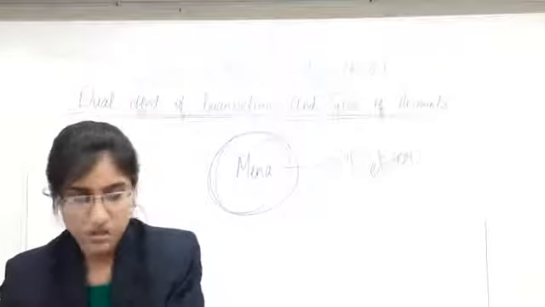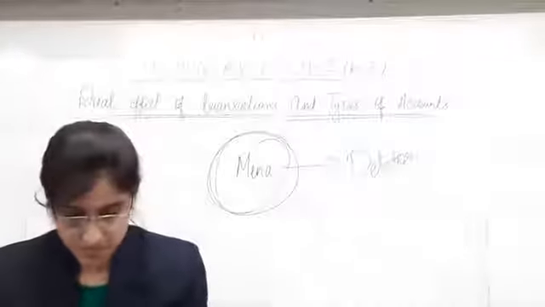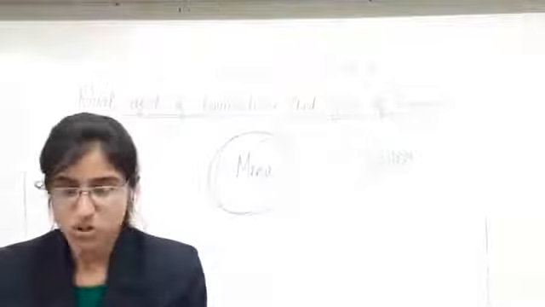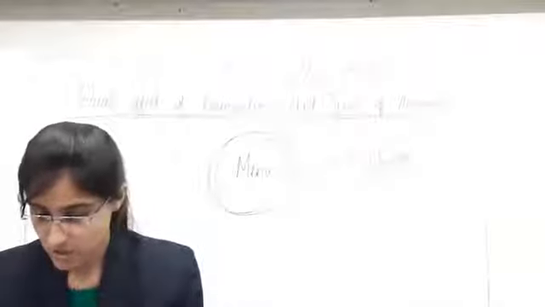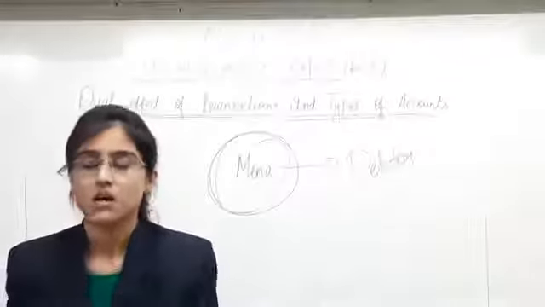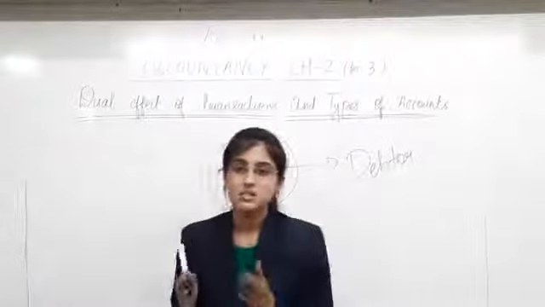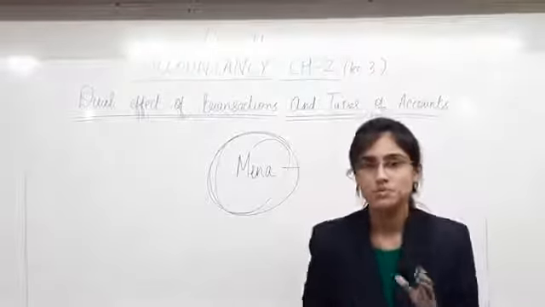Explain. The first transaction of illustration 3 says, Manoj commenced business with introduction of capital of rupees 20,000. Understand the scene first of all. Who is Manoj?